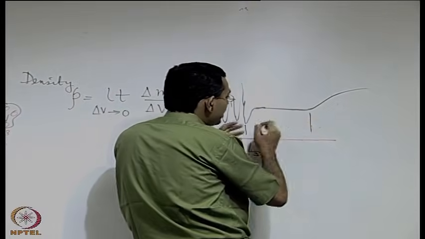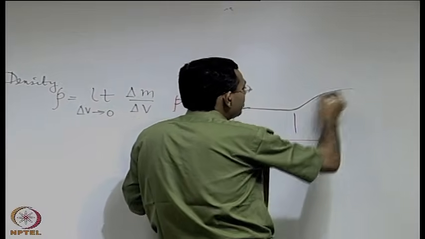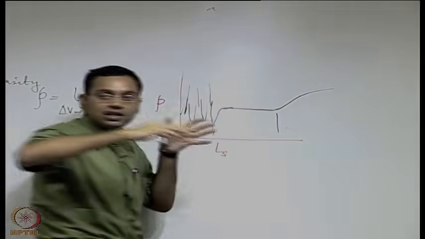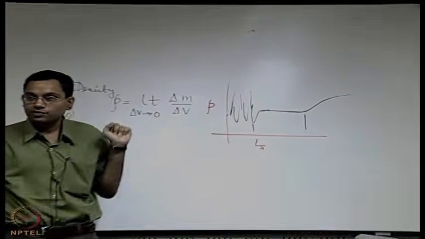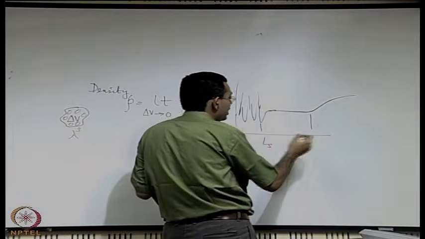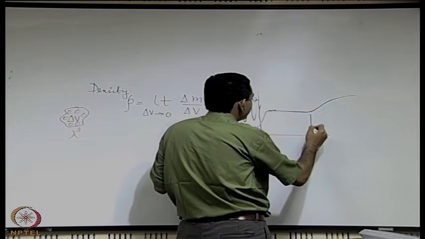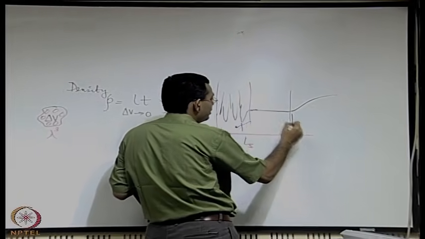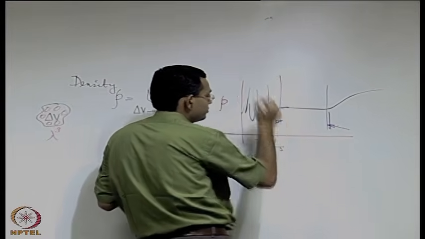This length scale is fine. Beyond this length scale you have a variation. This variation is because over the system length scale the density is varying from one point to the other. So a correct choice of length scale may be something in between these two limits.